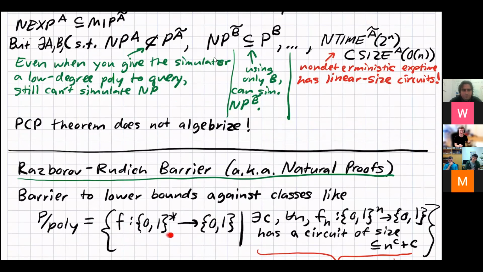This is a class of functions, usually decision problems, with the property that there exists a constant c so that for all n, the nth slice of the function, the function restricted to n-bit inputs, has a circuit over AND, OR, and NOT of size n^c + c. And this n^c + c is just a proxy for polynomial size.